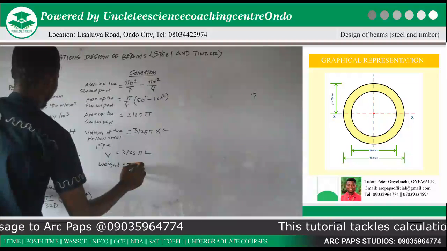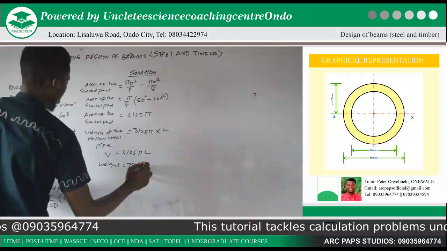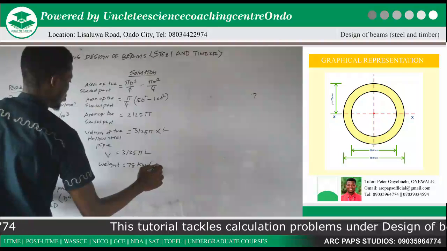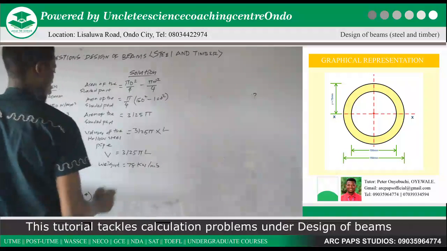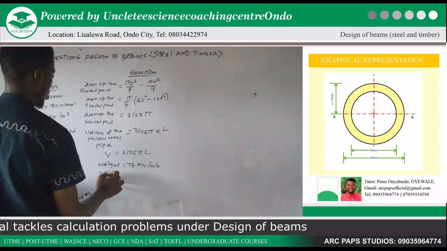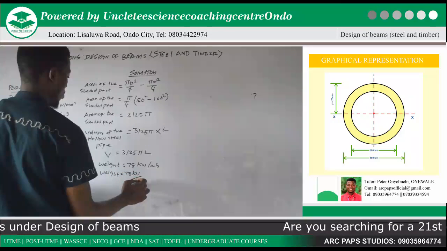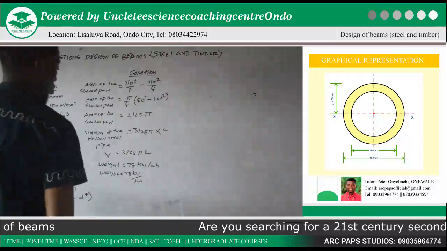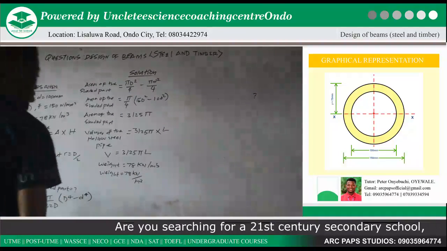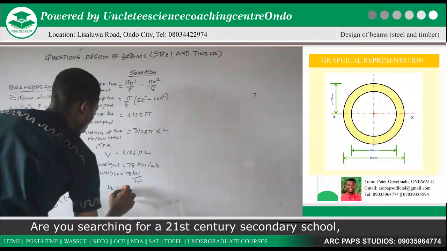Now our weight is given by 78 kilonewton per meter cube. Now since it's per meter cube, we have to multiply that value by the volume to get our weight in kilonewton. That's why we found our volume.